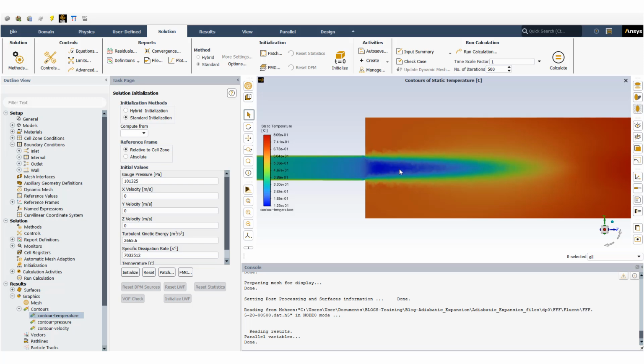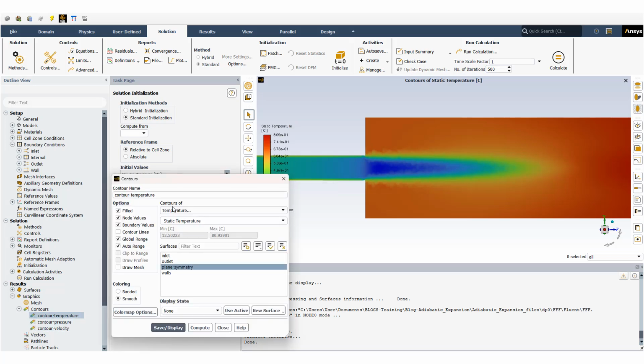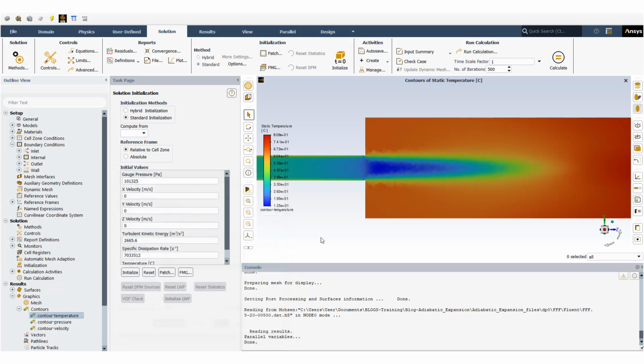So it means that when I have a sudden expansion and no heat transfer through the walls, which is an adiabatic system, this expansion of the gas volume causes the temperature to drop. As we can see, from 38 it drops to about 12, about 12.5 here.